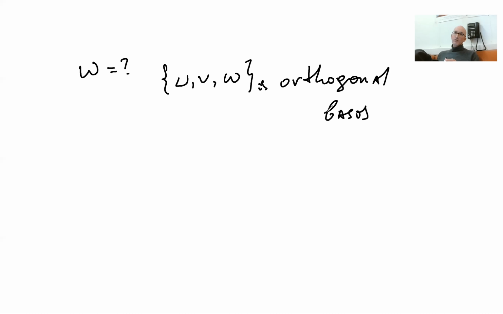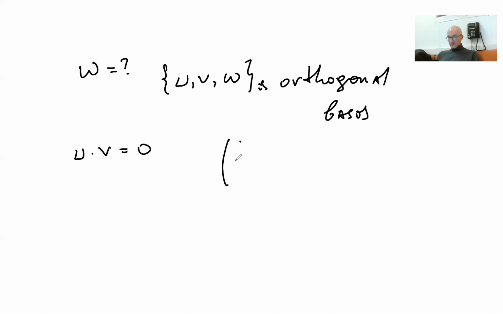It's like orthonormal, but slightly weaker. An orthonormal basis is orthogonal, but in addition, for orthonormality, we assume that the length of every vector in the basis is 1.